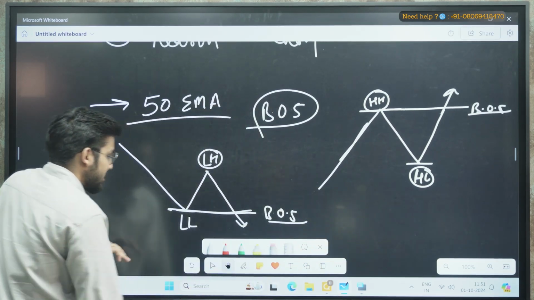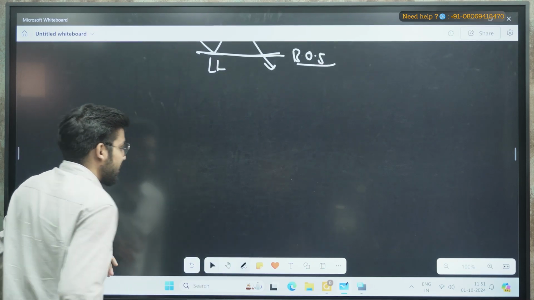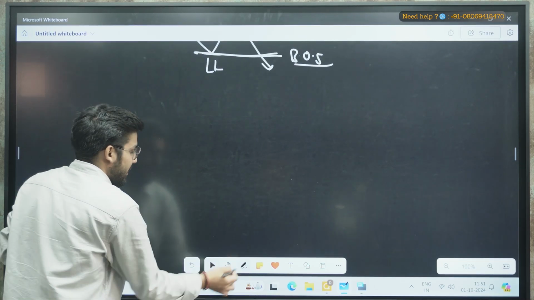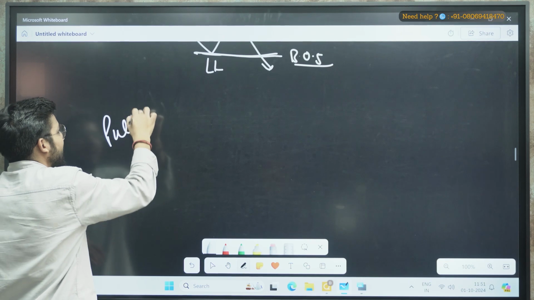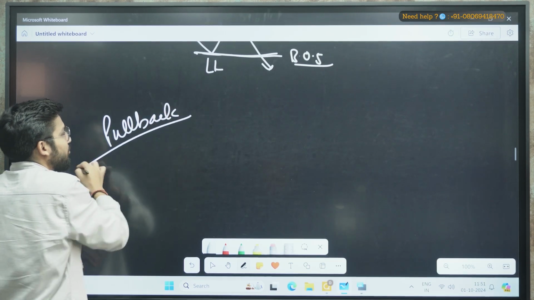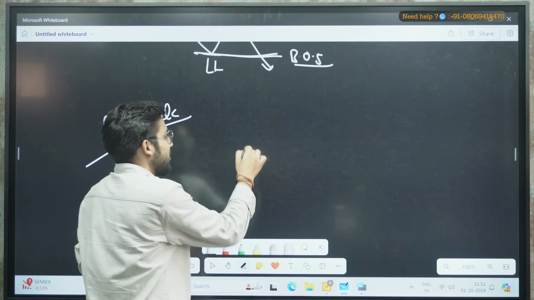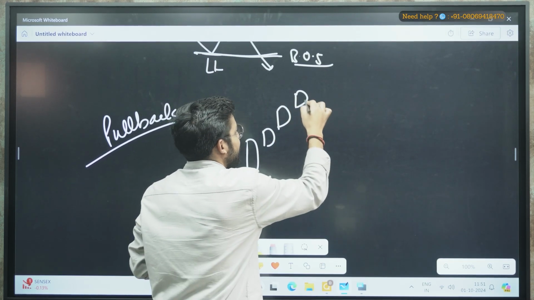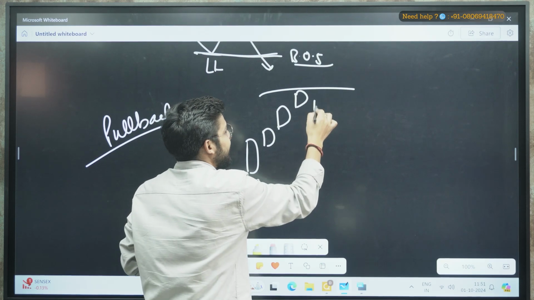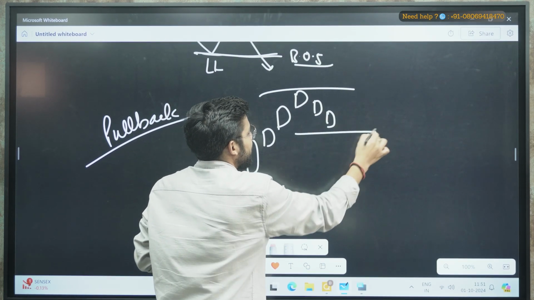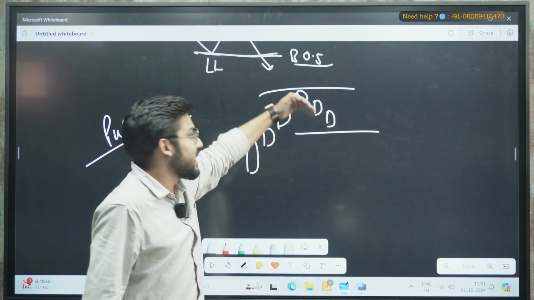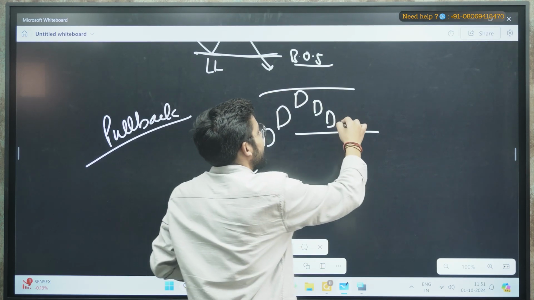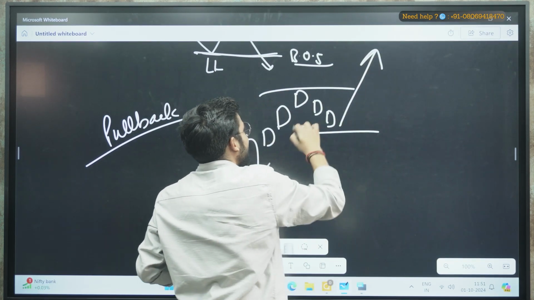Okay, along with this, we have another thing that is the pullback. I hope everyone knows what a pullback is. Whenever your market goes in an upward direction and after reaching a certain point it comes back, there must be 2 or 3 candles in the opposite direction and then your market continues again in that direction.